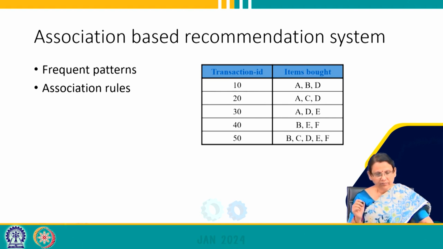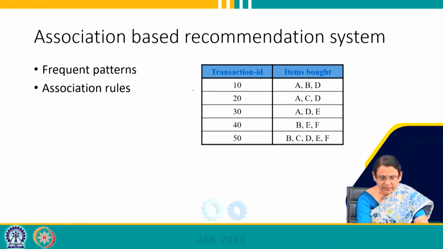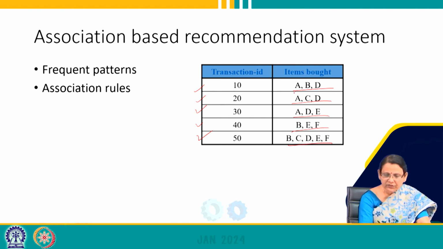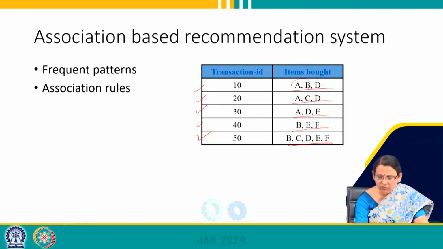Here we have many transactions that have happened, and these are the items bought in them. In this association based recommender system, we have to find out which items are frequently purchased together. Let us look at AB.